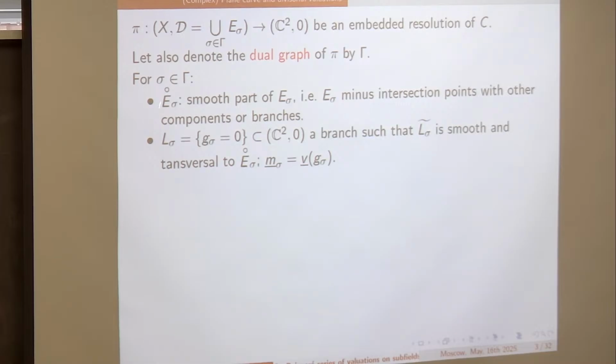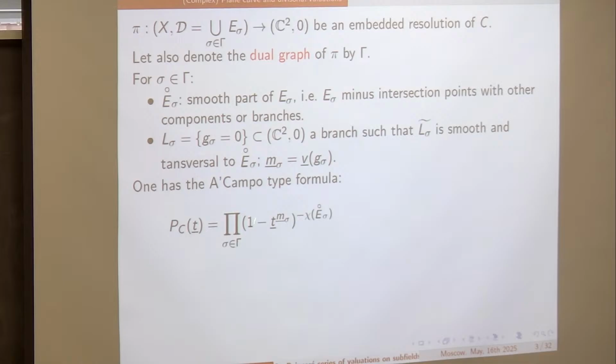On each of them, you can define a curvetta, that means you take a curve such that the strict transform is smooth and transversal to this divisor. And m sigma is just the value of this function. These are very important elements in the semigroup and in all the talk.